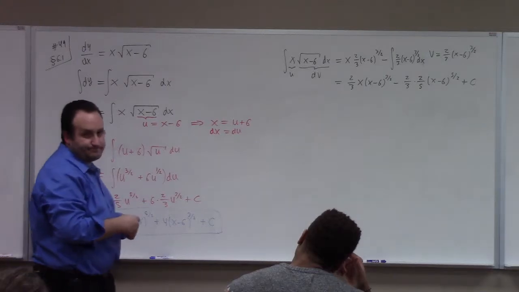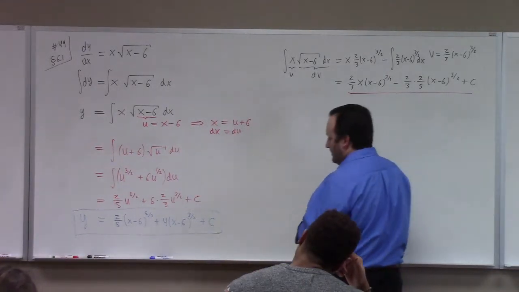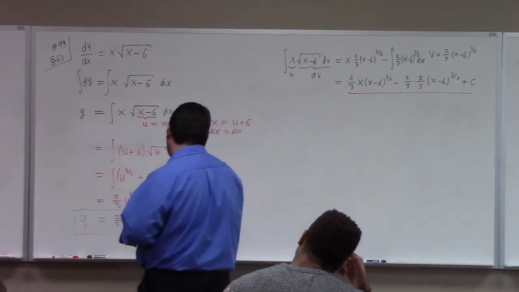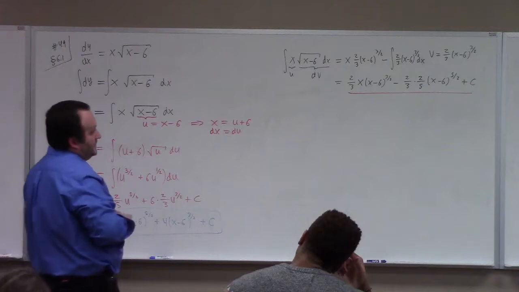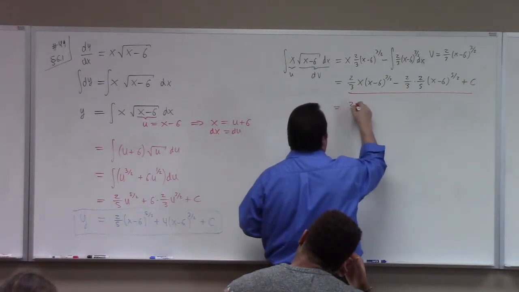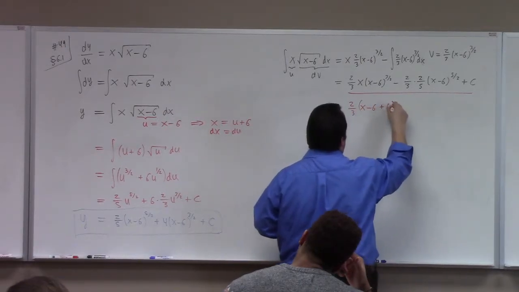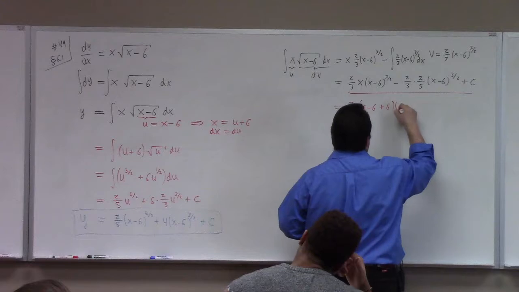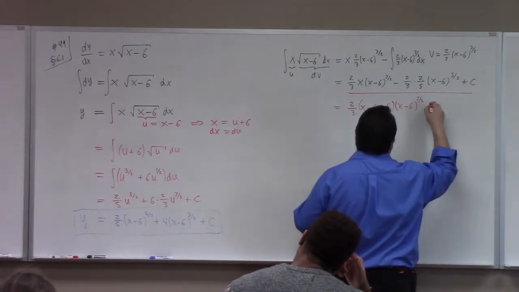Let's see here. To convert this, I suppose what I would do is write x as (x minus 6) plus 6, so that's 2/3 times (x minus 6) plus 6 times (x minus 6) to the 3/2. I'm trying to rewrite it in the format of the other one.